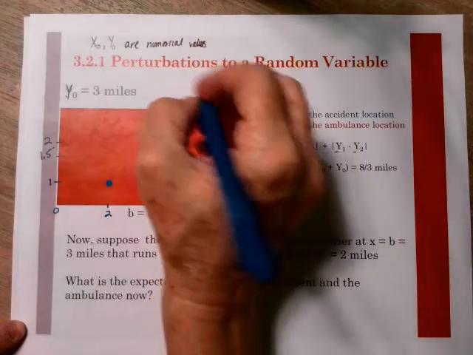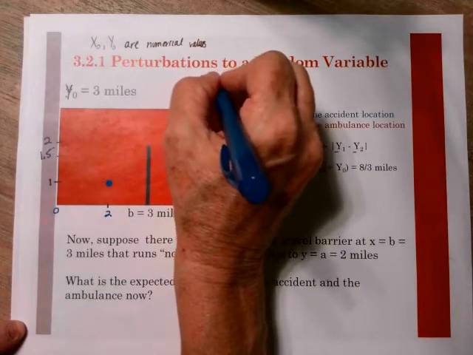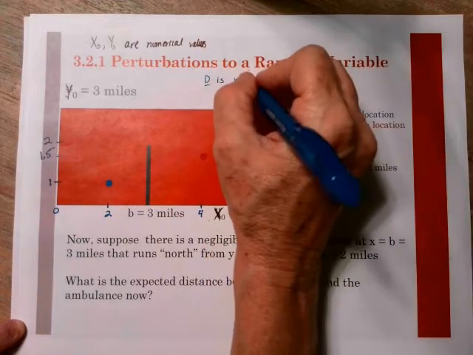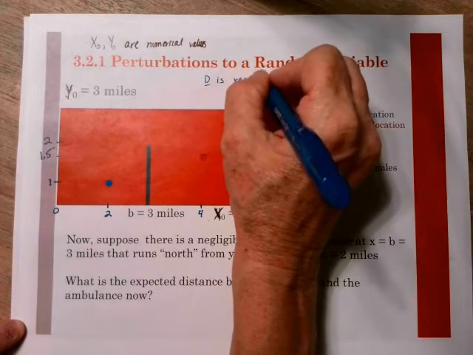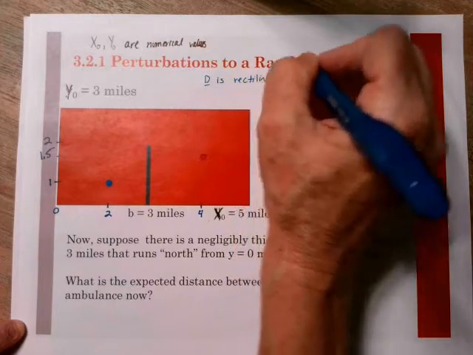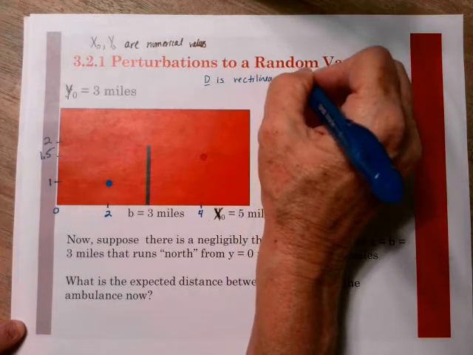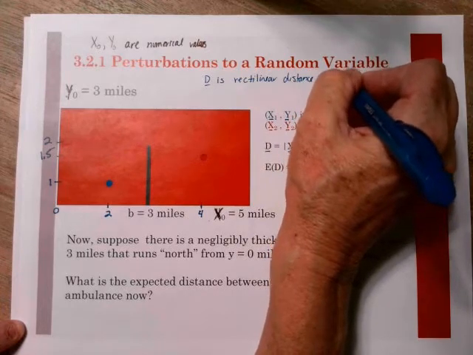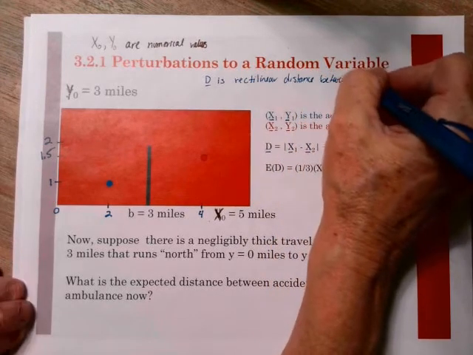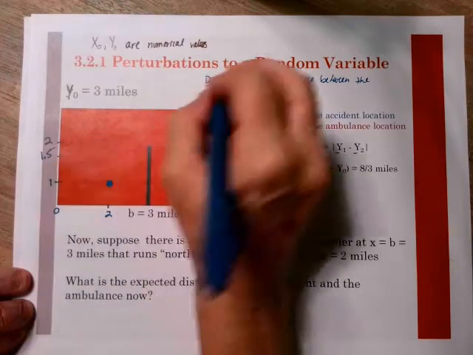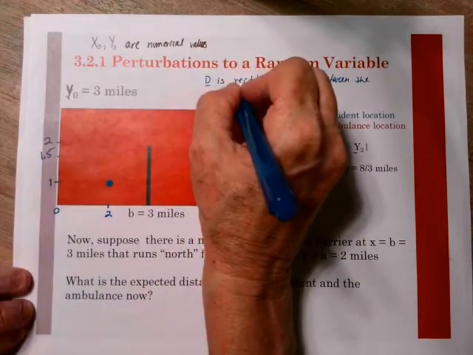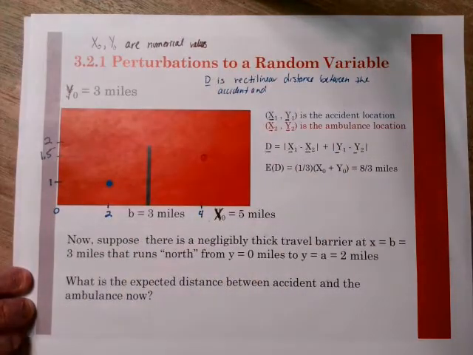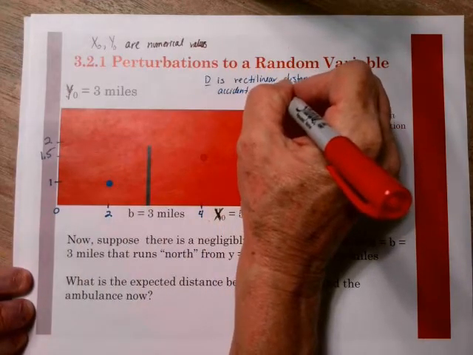So I will write up here that d is the rectilinear distance, or Manhattan distance, however you want to say it, between the accident and the ambulance, and I should probably be sticking with the colors here.